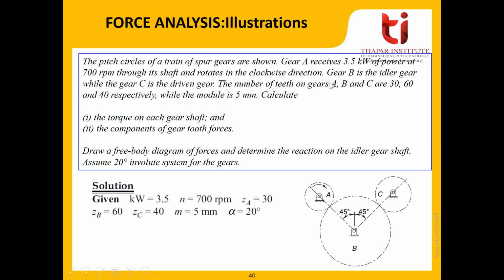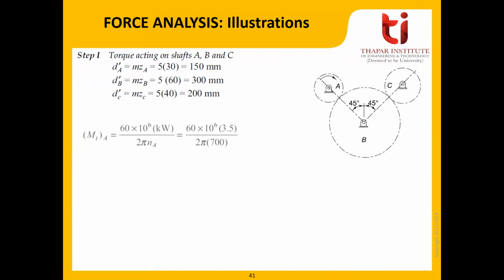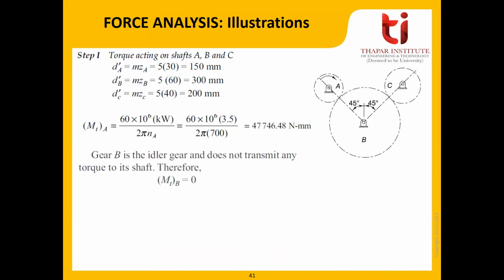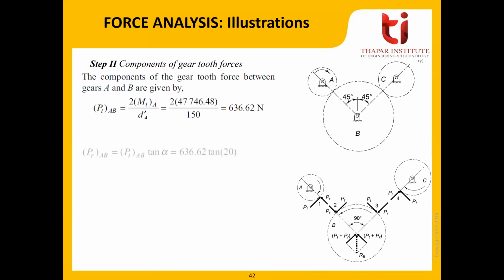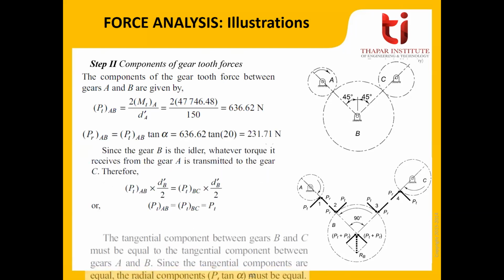The number of teeth on A, B, and C is respectively 30, 60, and 40, while the module is 5 mm. So we need to decide the torque on each gear shaft and the components of gear tooth forces, meaning PT and PR. So you can go through this numerical. This is very simple as we discussed. So here we will end this lecture. Thank you.